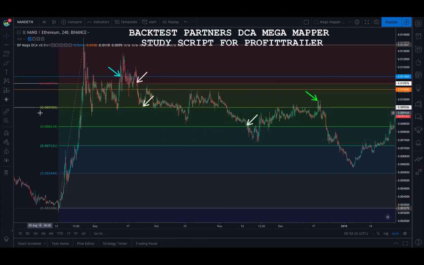So again, we've targeted the Fibonacci retracement level. Price came down, touched right there. We say the trade took place there. So let's do one more.